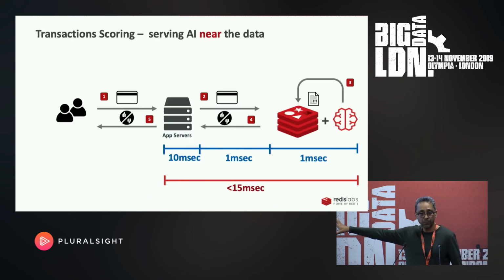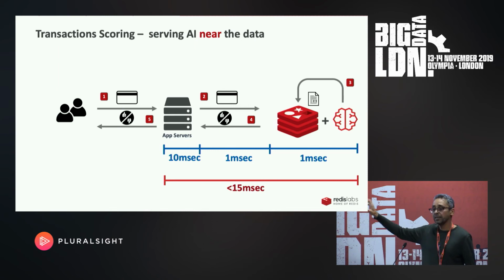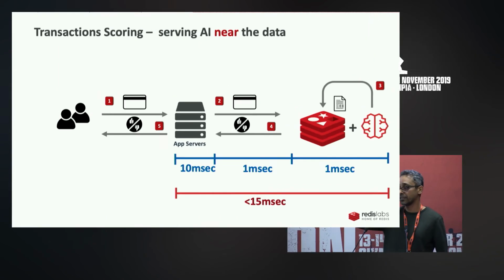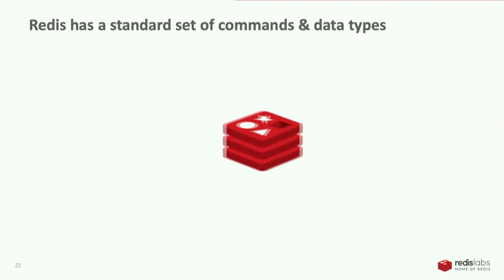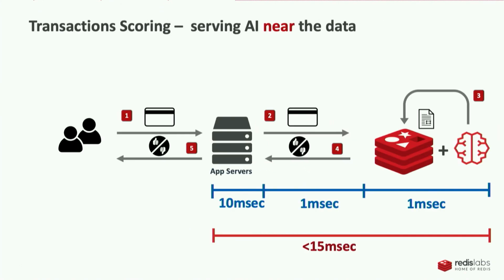You already have a scalable system that manages your data. You can treat your models just as a data model there. Your data is also located in Redis, and you can execute your models collocated with your data.